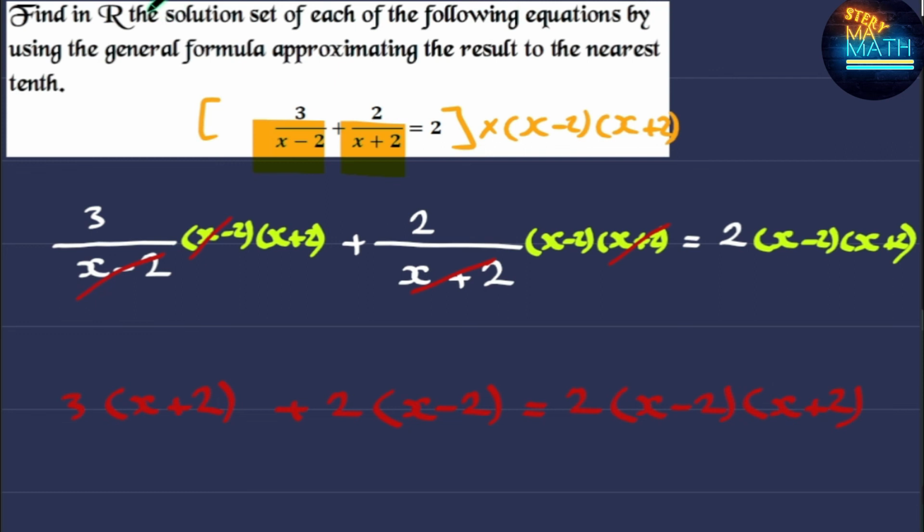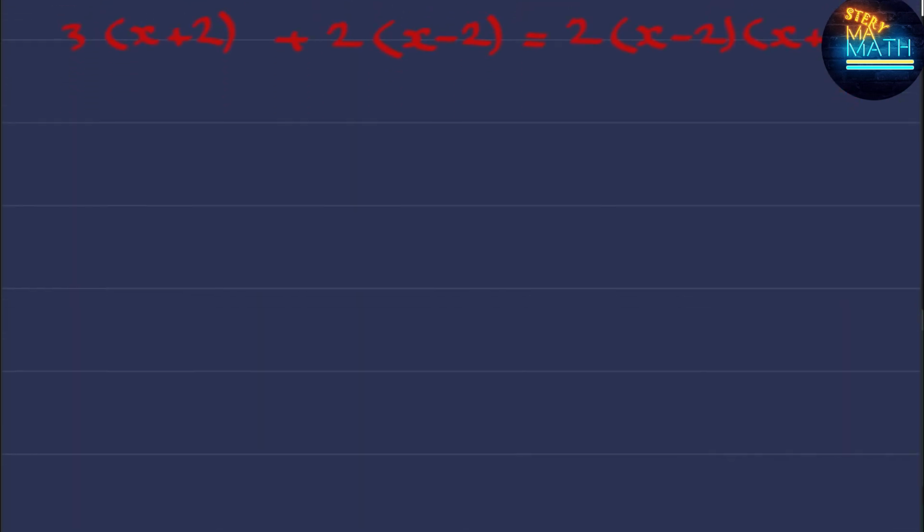Here, instead of multiplying x times x, x times 2, negative 2 times x, and negative 2 times 2, you notice this is a difference of two terms multiplied by their sum.